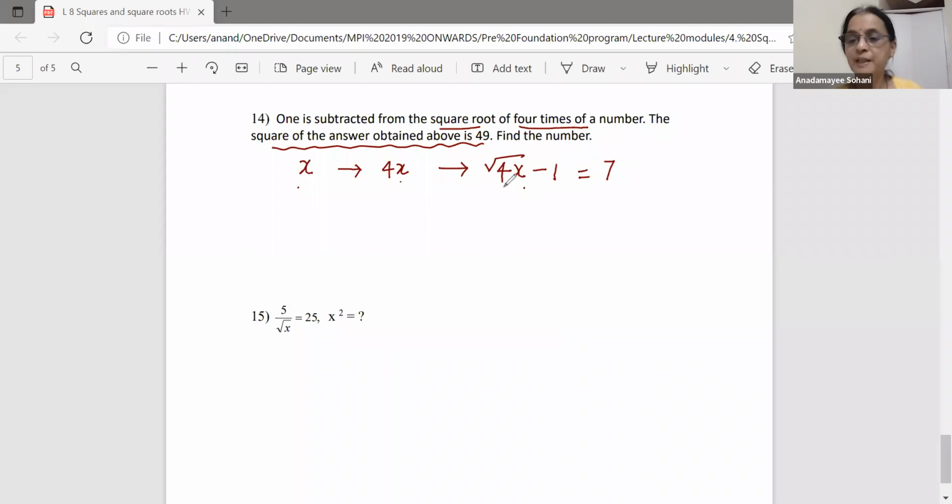So root 4x minus 1 is square root of 49, that is 7. So how do I go? So root 4x is, if I take this one on this side, I will get 7 plus 1, 8. And if root of 4x is 8, what will be 4x? Square of 8, no?